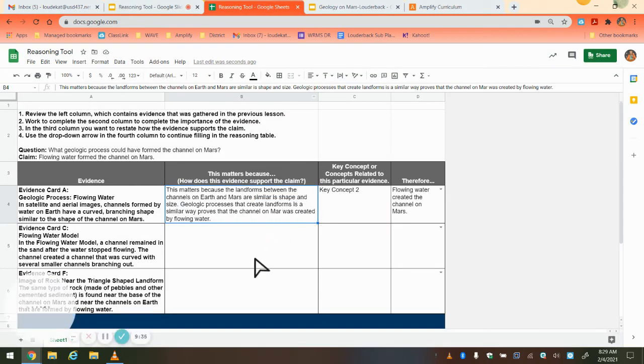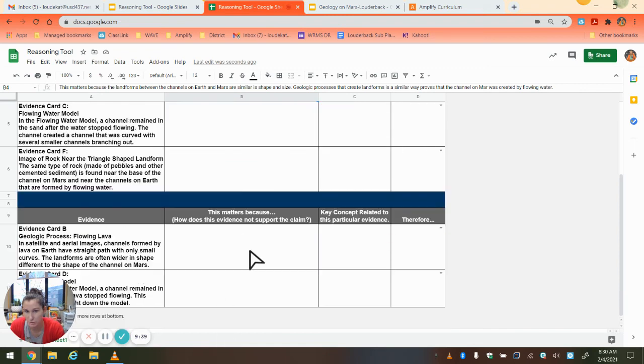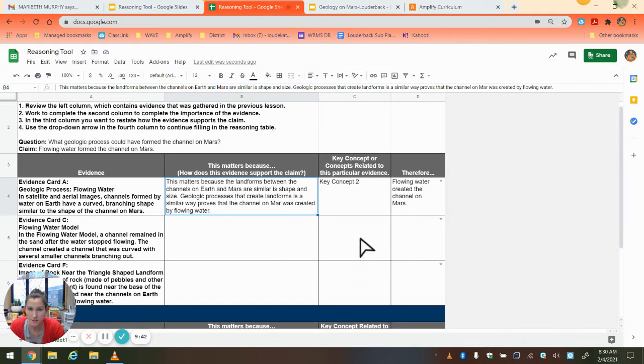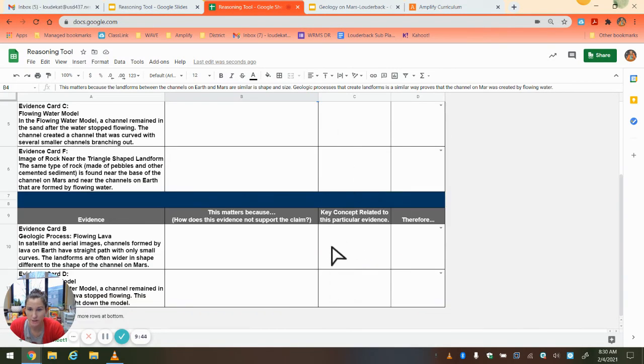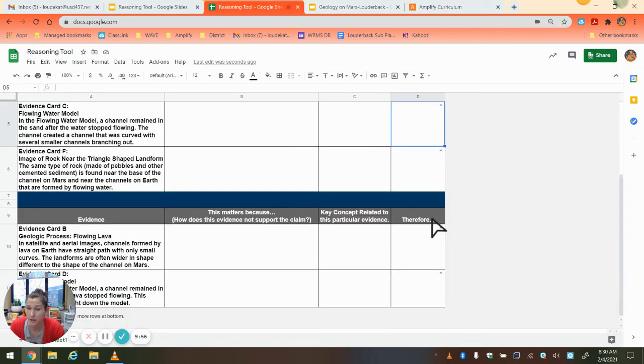All right. Essentially, guys, you're only writing 4 sentences today. 1, 2, 3, 4. Here, you're just going to pick the key concepts that are related. And then this is just a drop-down arrow, and you're going to select that flowing water created the channel on Mars, or flowing lava did not create the channel on Mars. And again, I want to remind you that the bottom has to do with how this evidence does not support the claim.